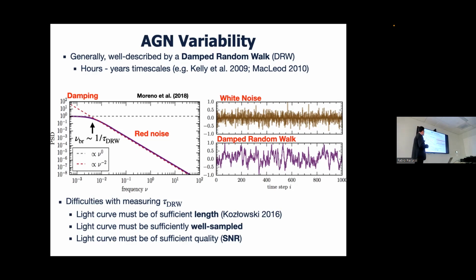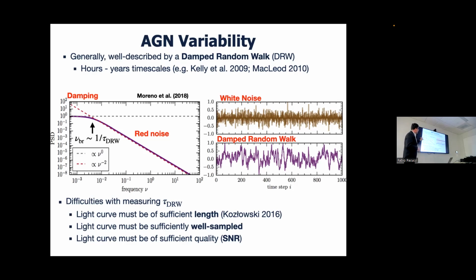And so what does the power spectrum of this damped random walk look like? Well, it's kind of simple. The power spectrum, by the way, tells you the amplitude of variability that you get at different time scales or frequencies, as it's usually defined in the light curve.